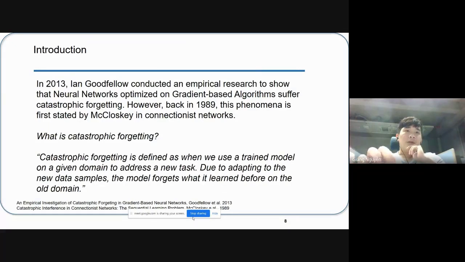The definition of catastrophic forgetting is quite new, so I will state it again. Catastrophic forgetting is defined when we use a model trained on a given domain to address a new task. Due to adapting to the new data samples, the model forgets what it learned before on the old domain.